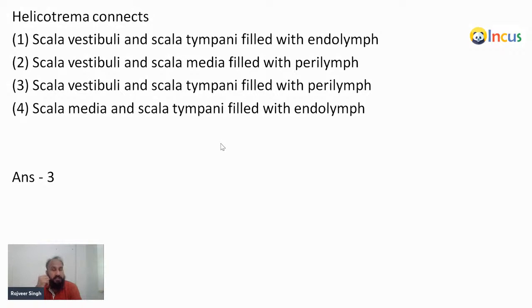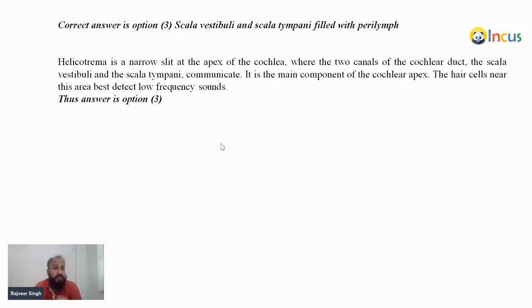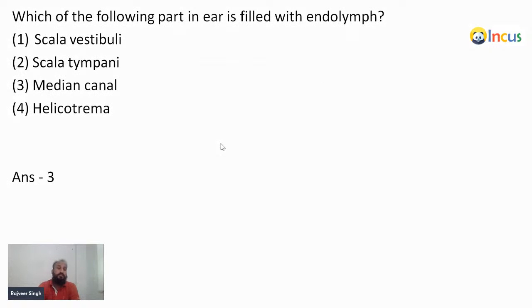Scala vestibuli and scala tympani filled with perilymph is the correct option, because the helicotrema is just a narrow slit at the apex of the cochlea, where the two canals of the cochlear duct, the scala vestibuli and the scala tympani, communicate. It is the main component of the cochlear apex. Now, the hair cells near this area best detect low frequency sound. So our answer, we choose the third option.